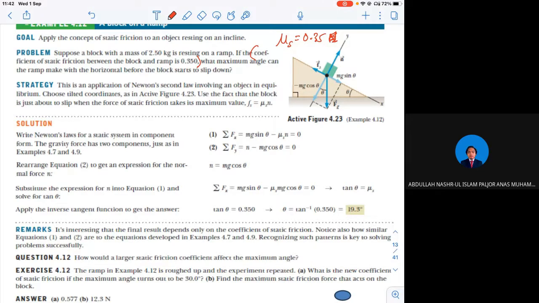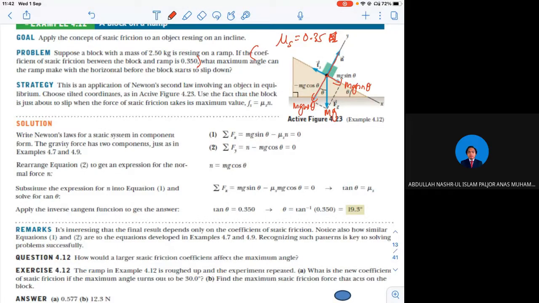So as usual, you need to establish mg. Now we have mg sin theta over here, and mg cos theta over here.